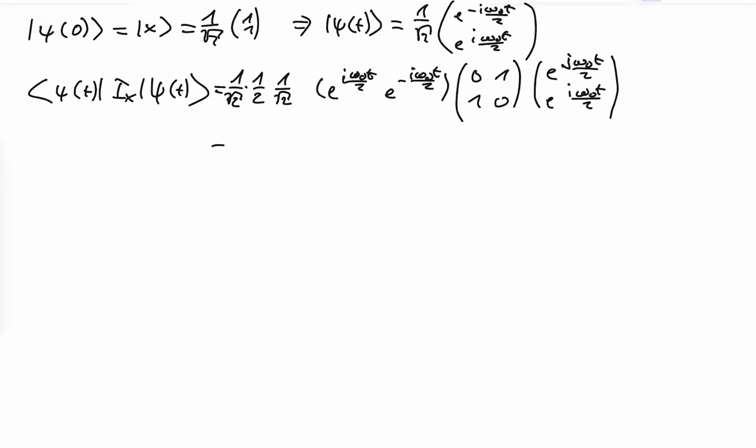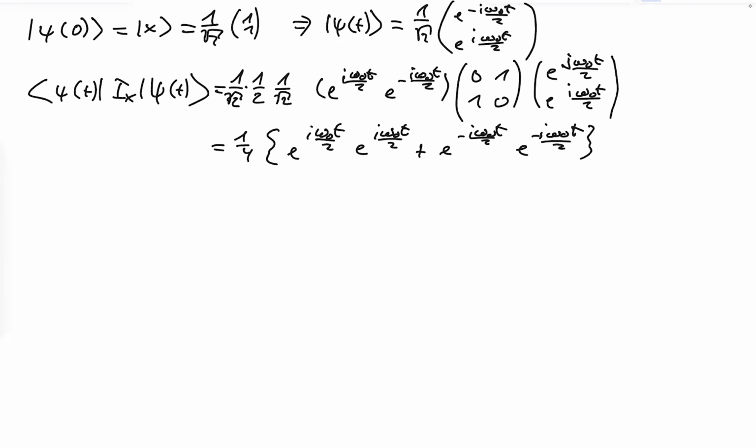So this, if you calculate, is not difficult. Then we get 1/4 times e to the i omega 0 t half times e to the i omega 0 t half plus e to the minus i omega 0 t half e to the minus i omega 0 t half.